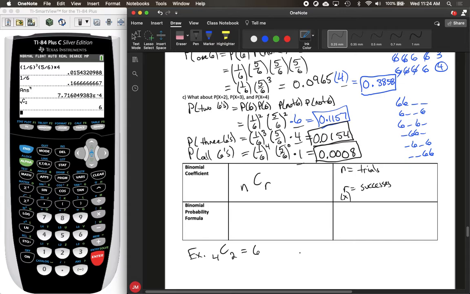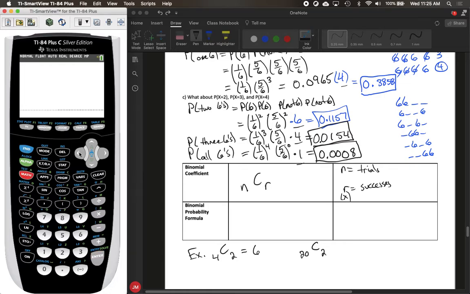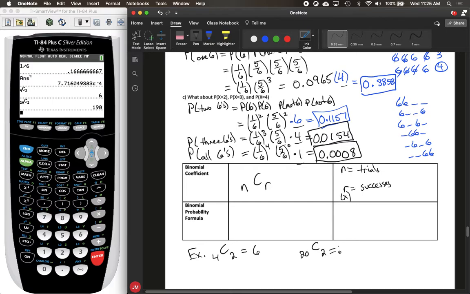If I wanted to know out of 20 things, how many different ways can I arrange 2? Well, I probably don't want to write it out this way. That's going to take a lot of time with 20 numbers and 20 spots to fill in. But with the calculator, if we go to Math, over to Probability, choose that third option, type in 20 for our number of trials and 2 for our number of successes, we can find that pretty quickly to be 190 different combinations that work.